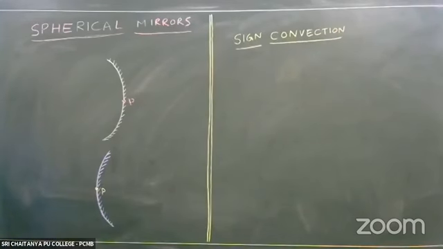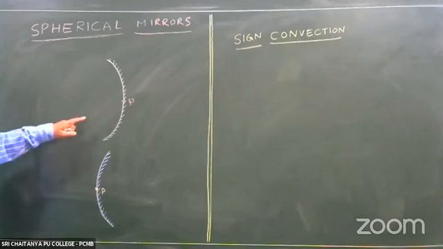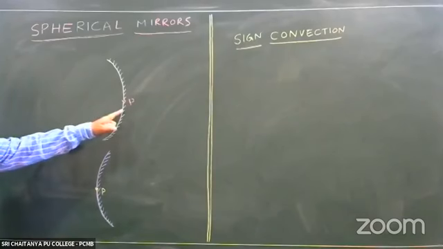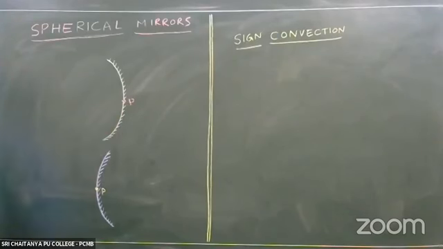The first one, concave mirror. Second one, convex mirror. Before going further, just a small revision of the previous class. This is concave mirror, convex mirror. P is the pole, geometrical center.